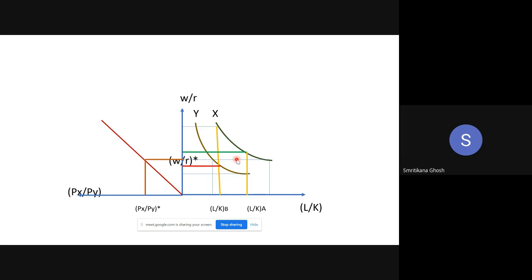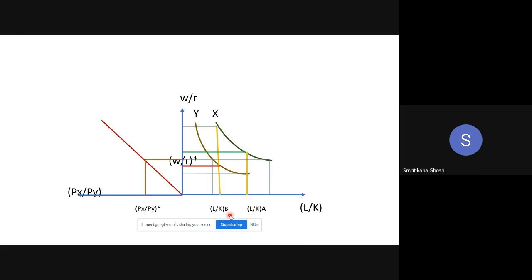So I'm giving you the time, and take my suggestion: take L by KA and L by KB close to each other, and then try to find out W by R variation for both the countries. You can get your overlapping zone then. Take your time, draw the diagram in your copy, and then it will be easier.